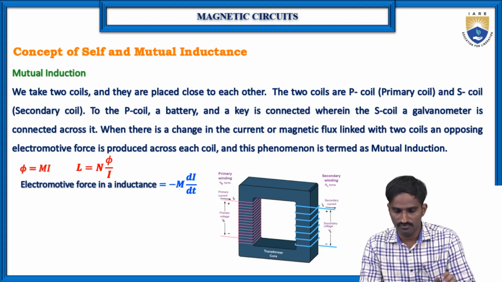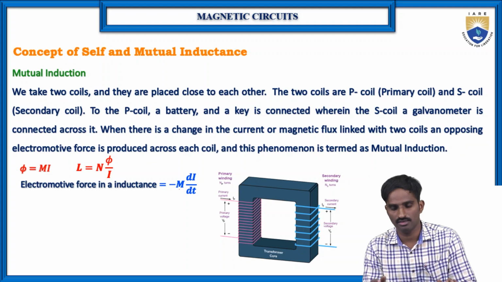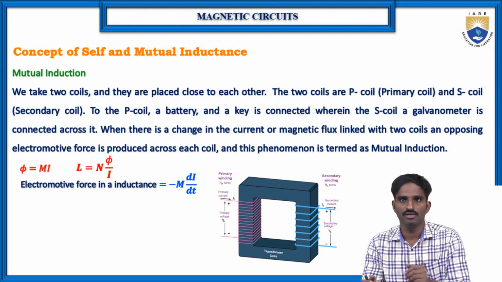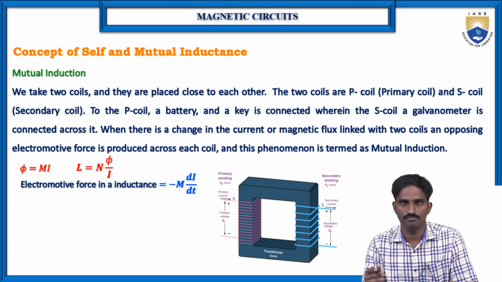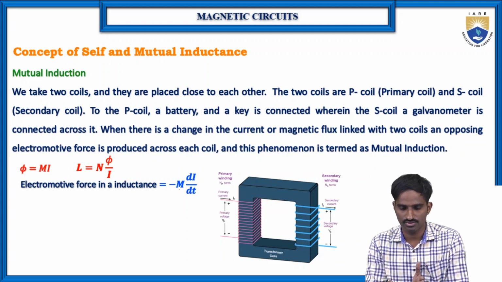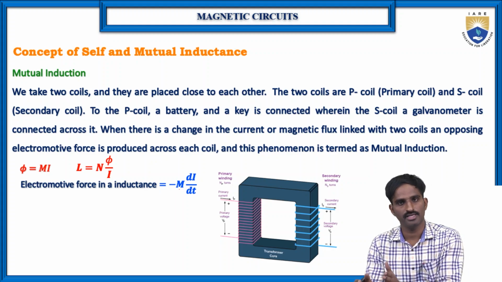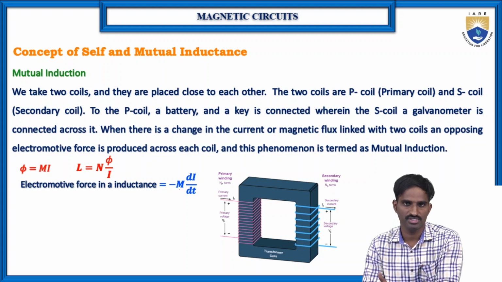The first coil we usually call the primary coil or the P coil, and the second coil we usually call the secondary coil, or the S coil. Like in our first case, let us connect a battery to the primary coil, and let us connect a galvanometer to the secondary coil.